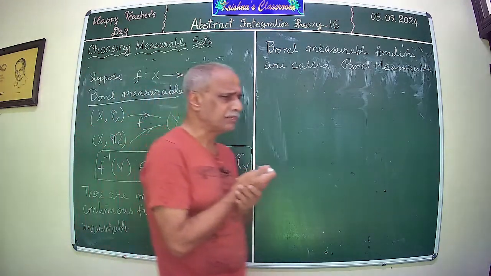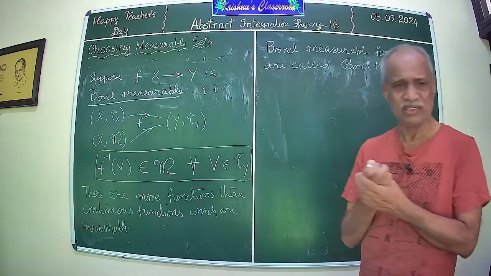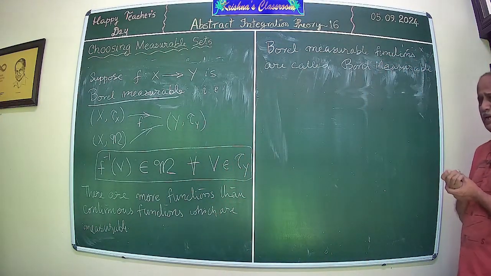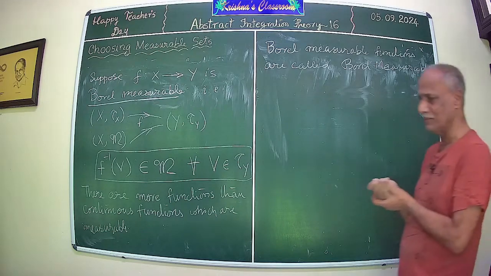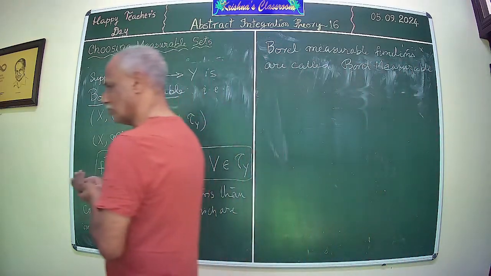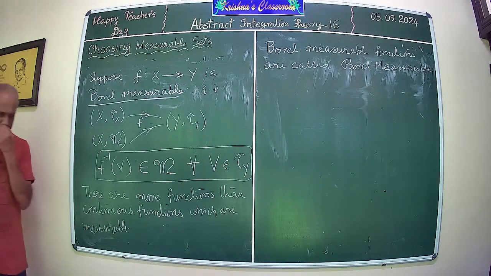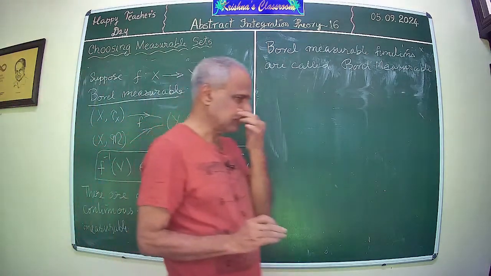So in a wider scenario, one can make use of these ideas. For example, in probability situations or spaces, one can make use of this, where at the outset there may not be any topology unless you impose one. You can choose the collection of subsets in such a way that it serves your purpose.